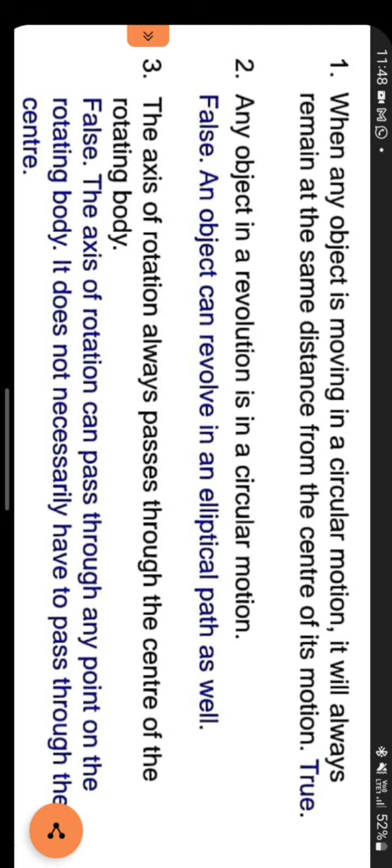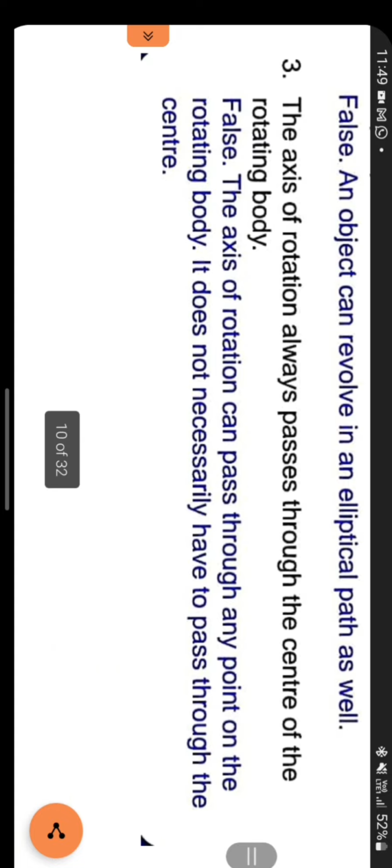And the third is false: the axis of rotation can pass through any point of the rotating body. It does not necessarily have to pass through the center. That means when the earth is rotating in its orbit, that is also one axis. It can be the sun as well, so an axis can be at other positions, not only the center. So it is false.